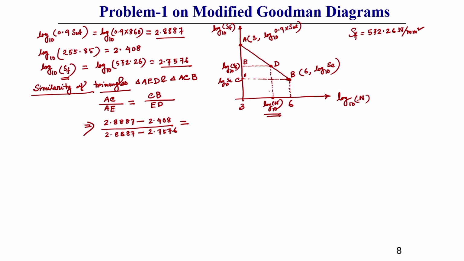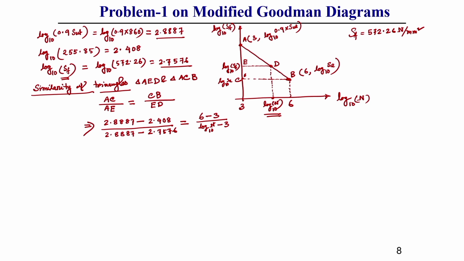What is CB? CB is actually 6 minus 3 and ED is, what is ED? ED you can write as log 10 n minus 3.